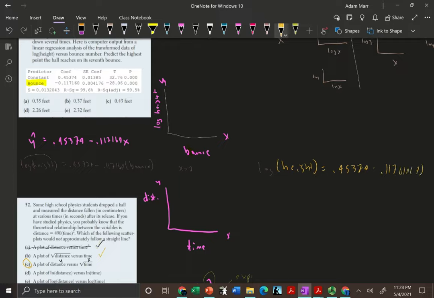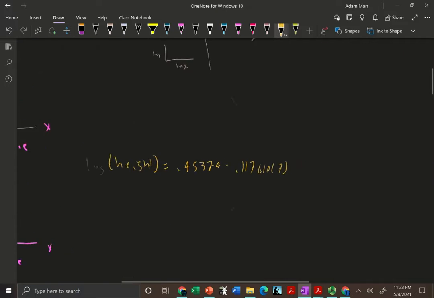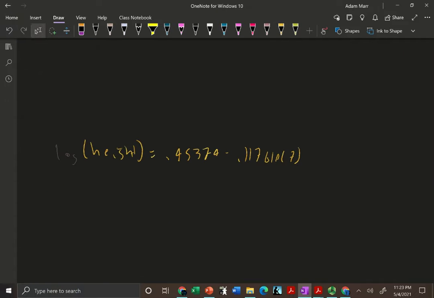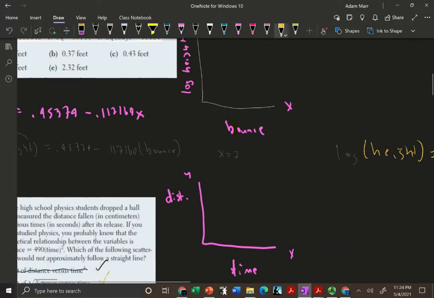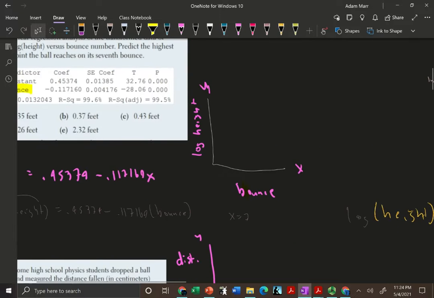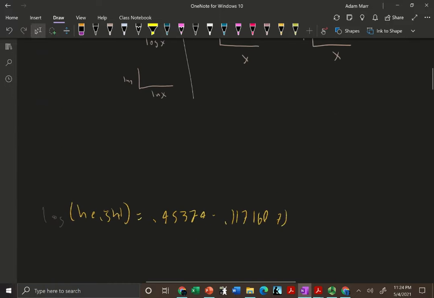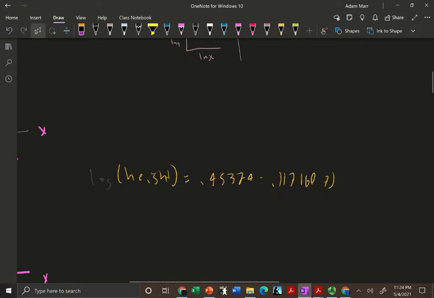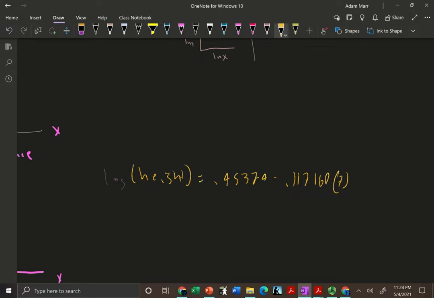When I calculate all that, I end up getting negative 0.36638.